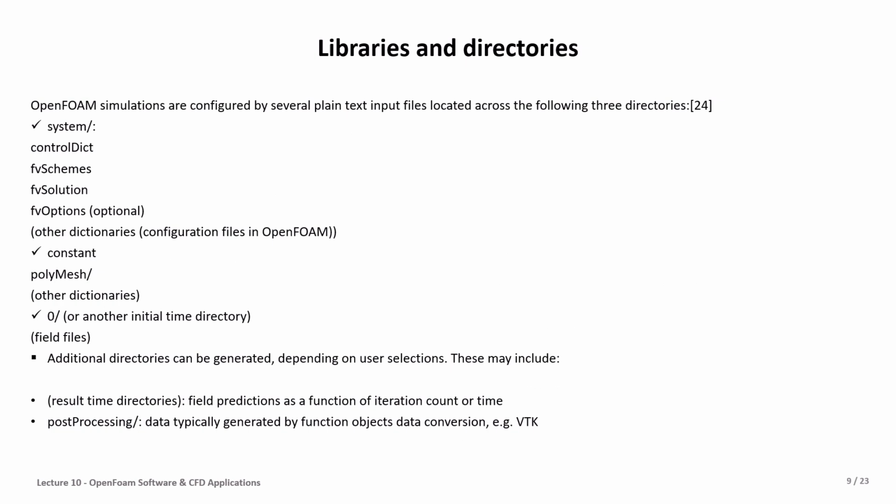Here you can see the list of the libraries and directories which are used in the OpenFOAM simulation. In fact, it depends on the user selection, and there could be additional directories. They are the standard ones: the system, constant, and zero, which is mostly used for the initial time directory.